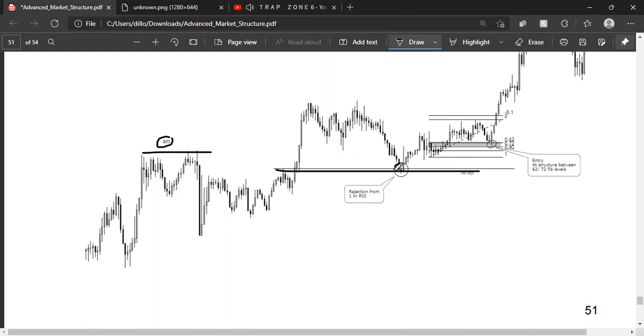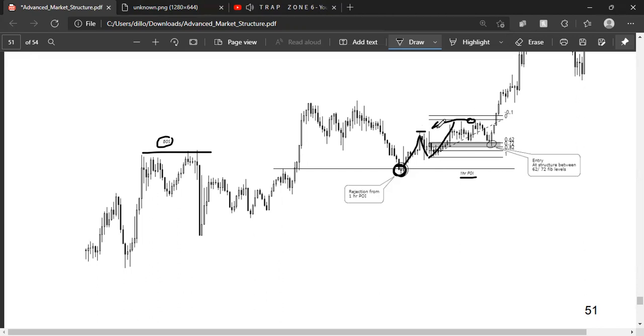And this was our 1 hour point of interest here, this structure here. And we finally see a rejection, and the retracement fails to give us a lower low. But what happens? Rejection, we get a retracement, and then a trade higher.